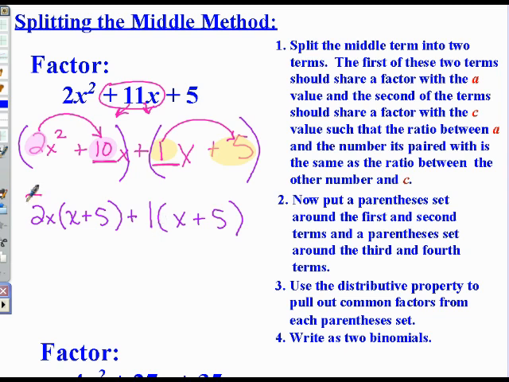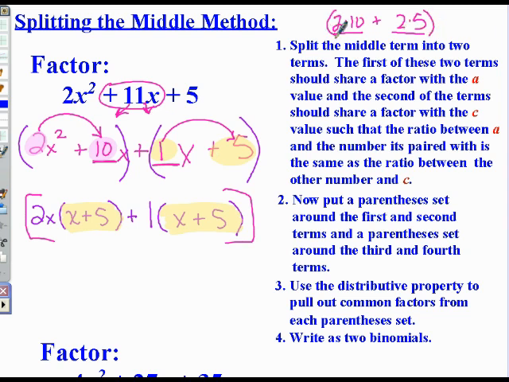Now we're going to make a really big group out of all of that mess. Notice that your binomial factor is identical. So before we go any further, I want to remind you of a little thing we learned years ago. If you have 2 times 10 plus 2 times 5, both of these terms are multiplying by the factor 2.